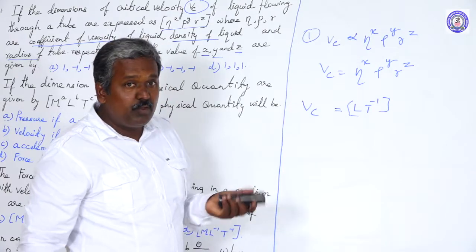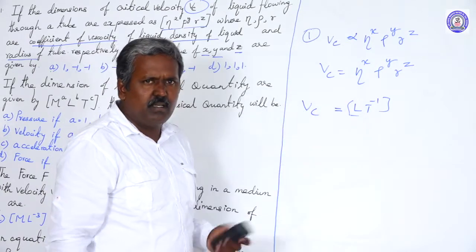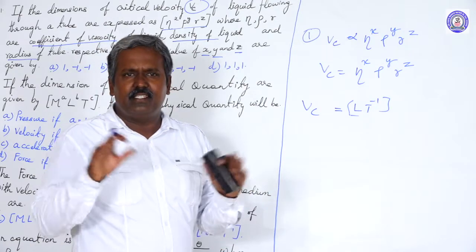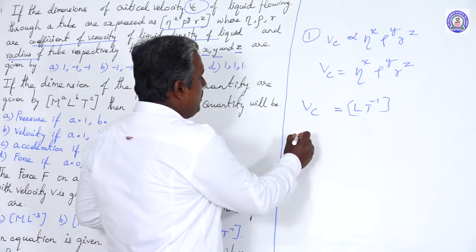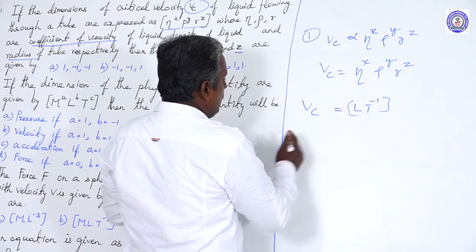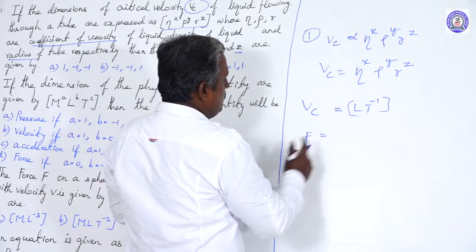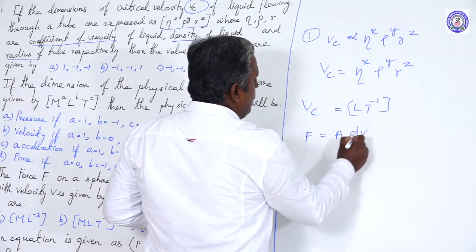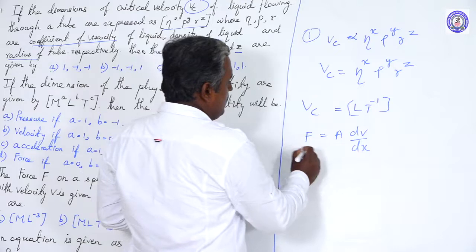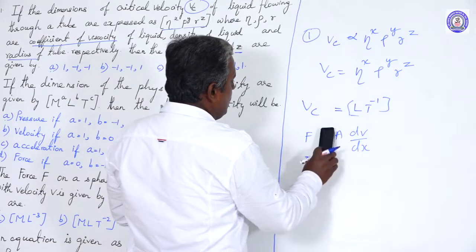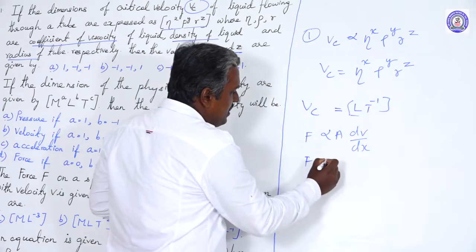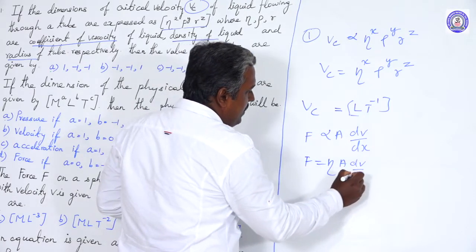At the same time, how do you write the dimensional formula for eta? Remember, what is meant by eta? Coefficient of viscosity. We already discussed this in fluids. Basic formula: F is proportional to A dV by dx, or F is equal to eta A dV by dx.